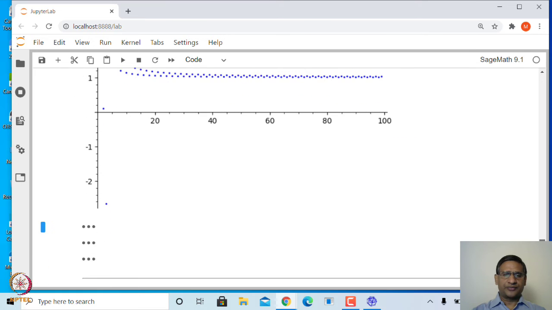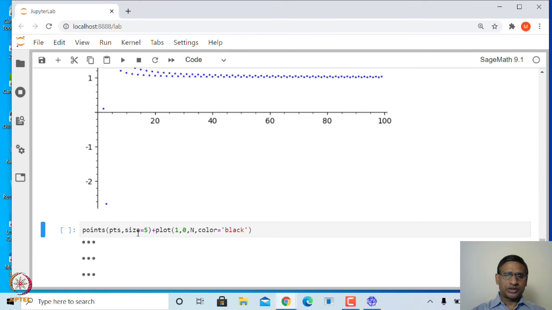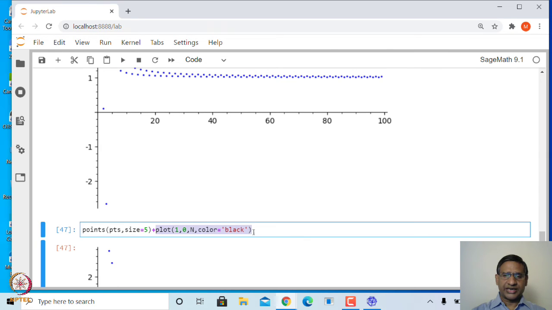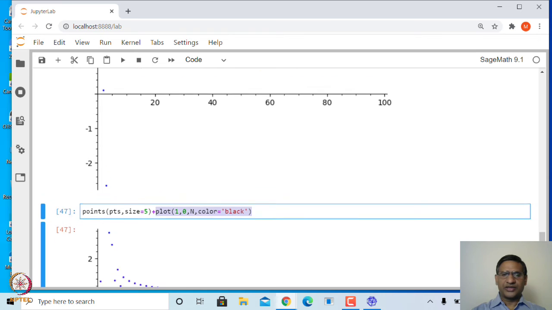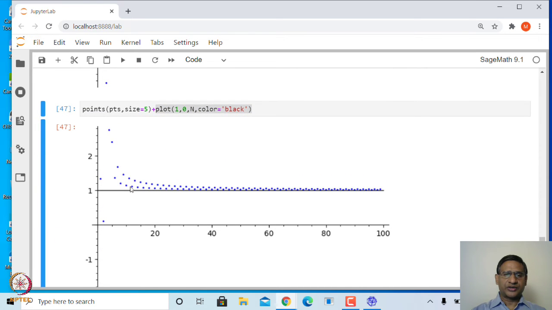So, for example, if I add a horizontal line at y equal to 1, which is added in black color, then you will see that the terms of the sequence are becoming very close to y equal to 1. How close depends on how close you want, but in this case you can make it as close as possible.